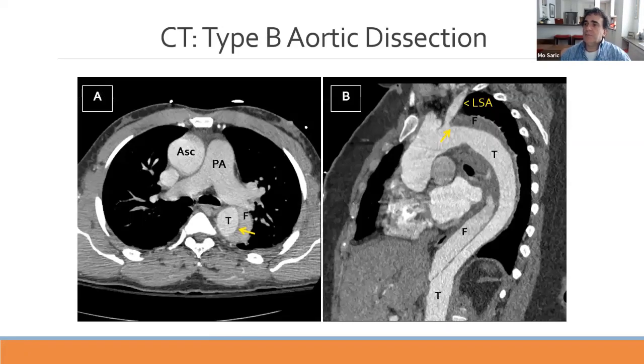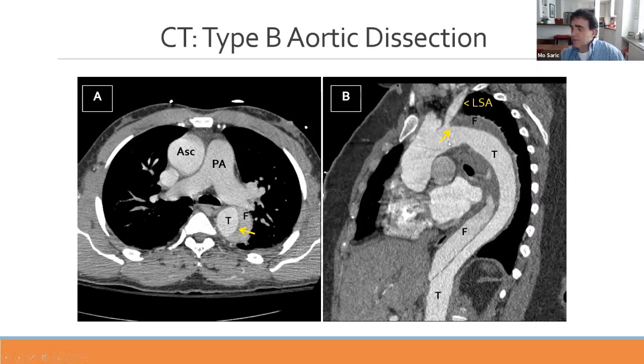This is a type B aortic dissection, both in the axial cuts on the left and the sagittal cut on the right. And you actually see the true and the false lumen in the descending thoracic aorta, in the coronal cut, as well in the axial cut.